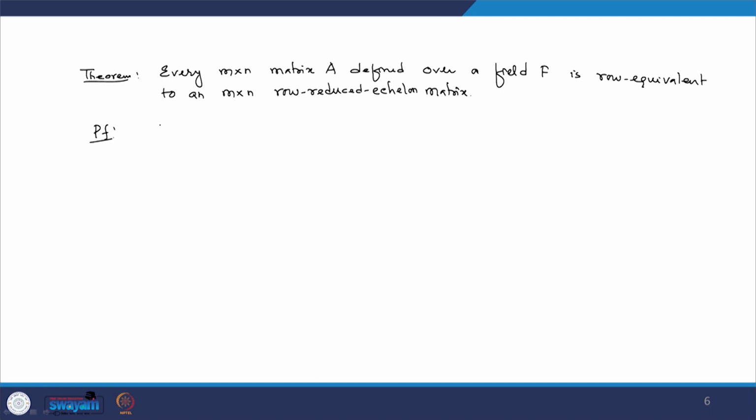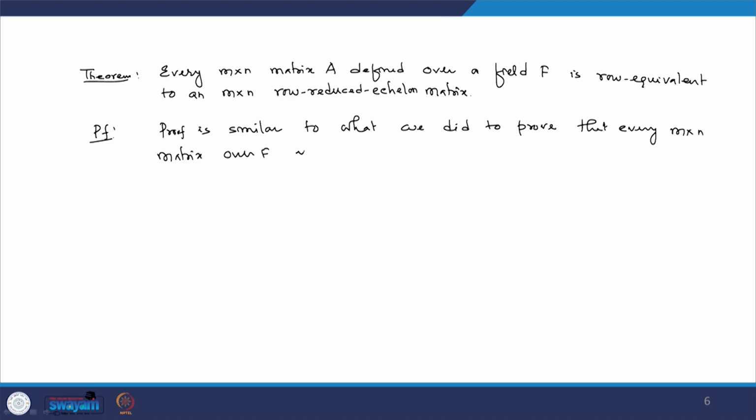The proof is similar to what we did to prove that every M cross N matrix over F is row equivalent to a row-reduced matrix.